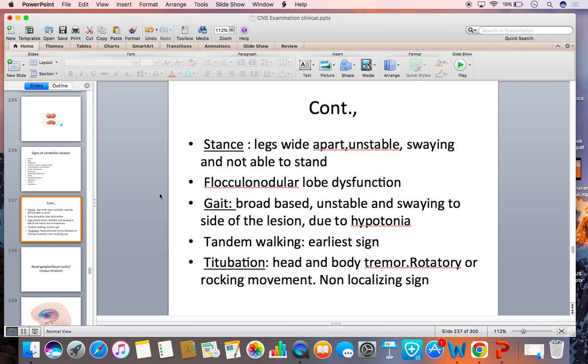These pathways are very important in order to maintain the balanced, well regulated, smooth voluntary act.